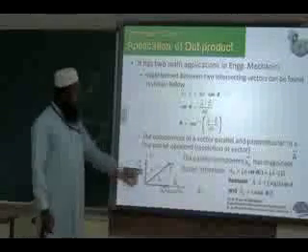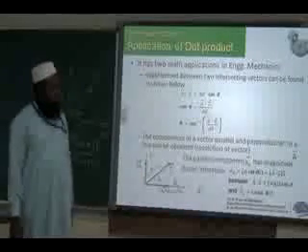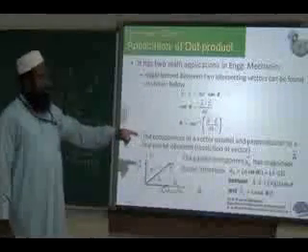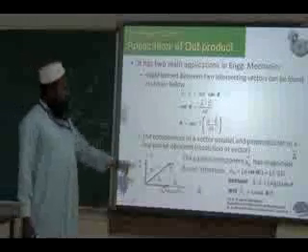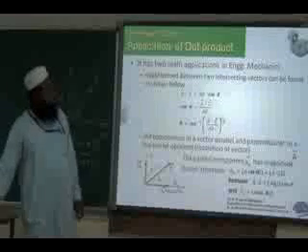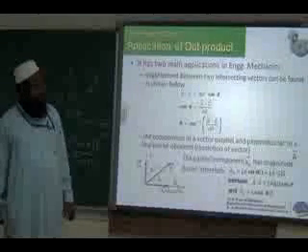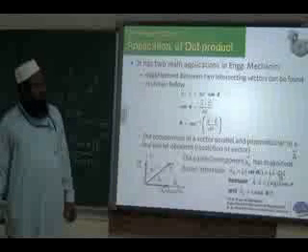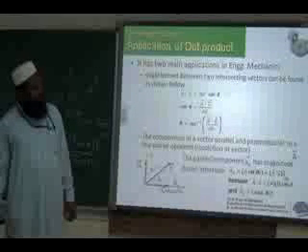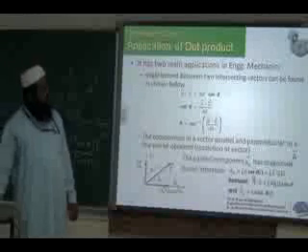So the same concept is used here. Instead of F, we have A. That's all. A parallel vector will be A cos theta times i vector. Or you know, cos theta, we write it with the unit vector: A dot unit vector times unit vector. Why am I telling like this?